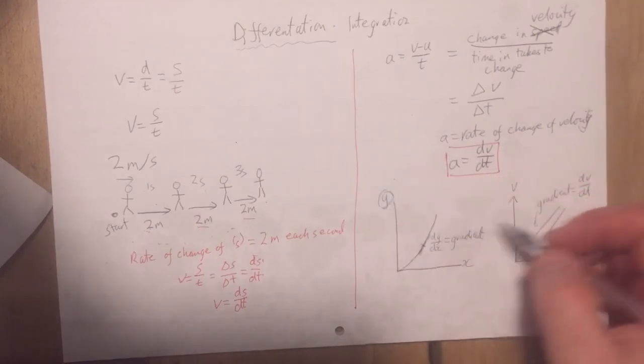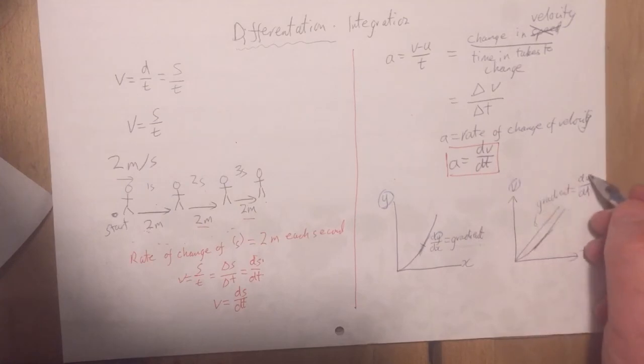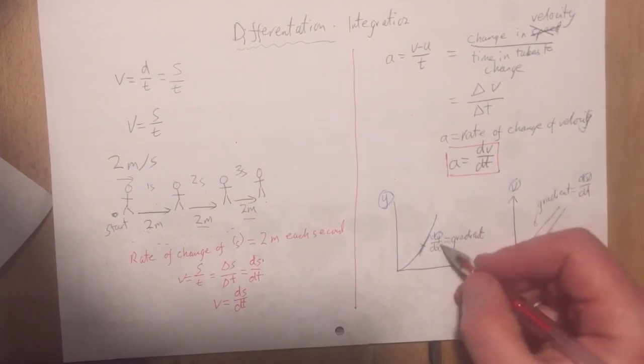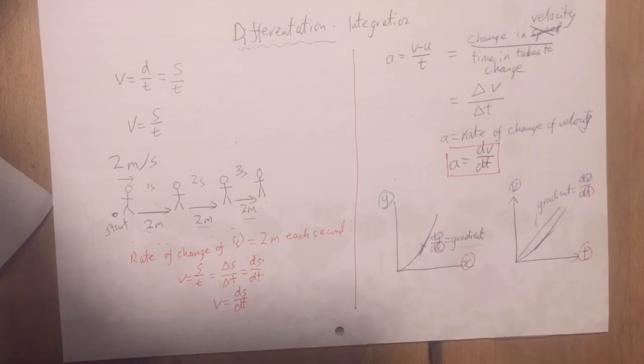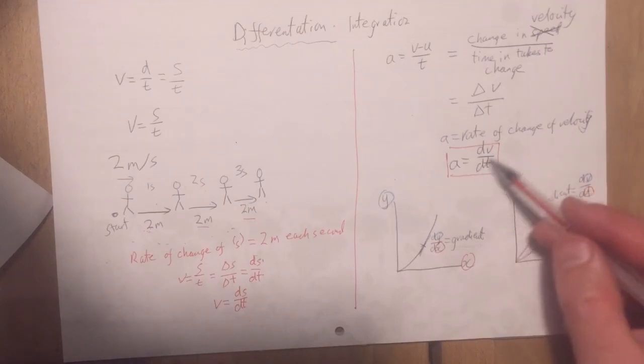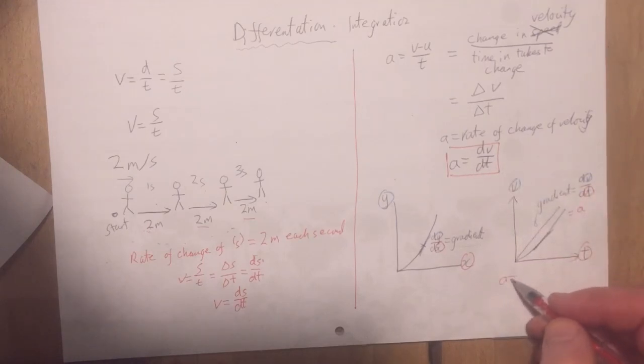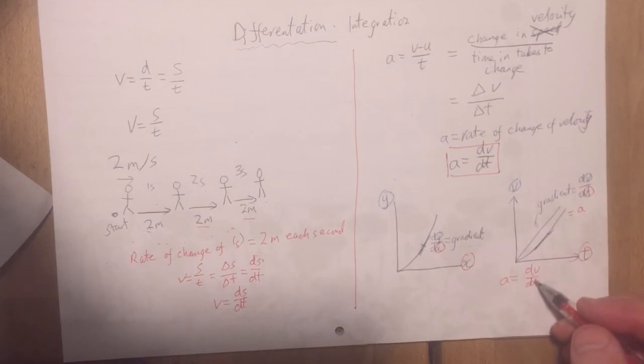So y here becomes v. x here becomes t. And as we know, the gradient of a speed time graph is the acceleration. So that brings us quite nicely to the second way of looking at this, which is that a equals dv by dt. It's the gradient of a speed time graph, or a velocity time graph.